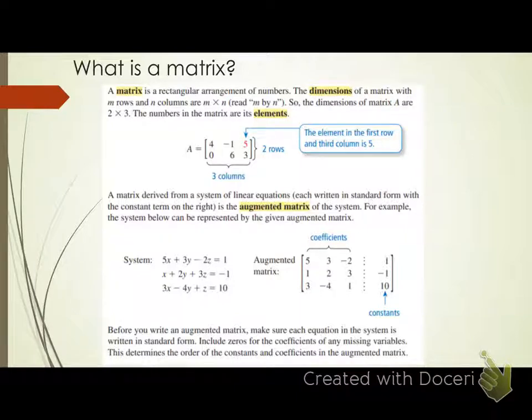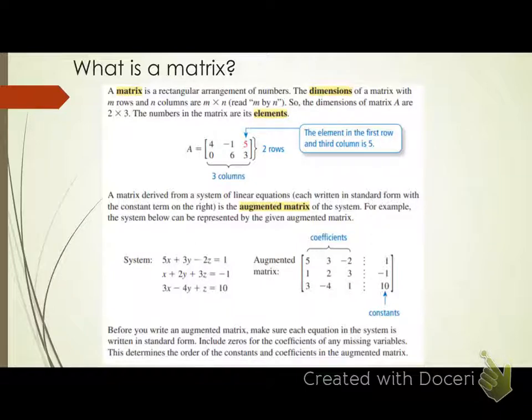A matrix derived from a system of linear equations, each written in standard form with the constant term on the right, is the augmented matrix of the system. For example, the system of equations below can be represented by the given augmented matrix. So we just take all our coefficients, and those coefficients become our elements of our matrix.